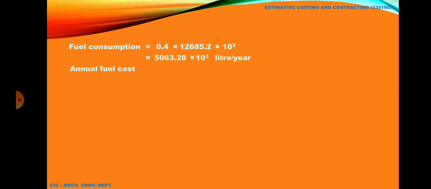So the annual fuel cost equals 40, the fuel price in rupees per liter, into 5063.28 into 10 raised to 3. So it is equal to 202,531.2 into 10 raised to 3 rupees per year.